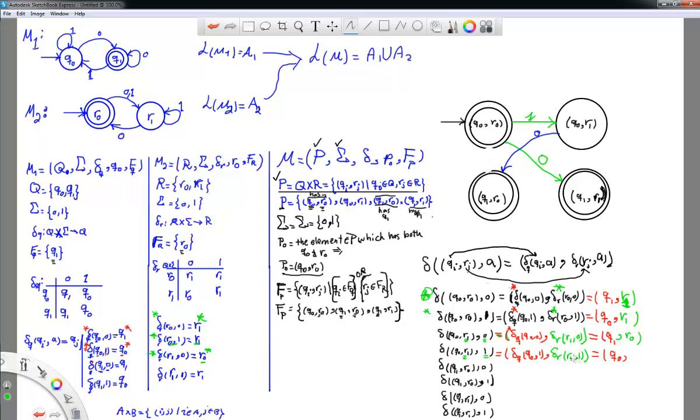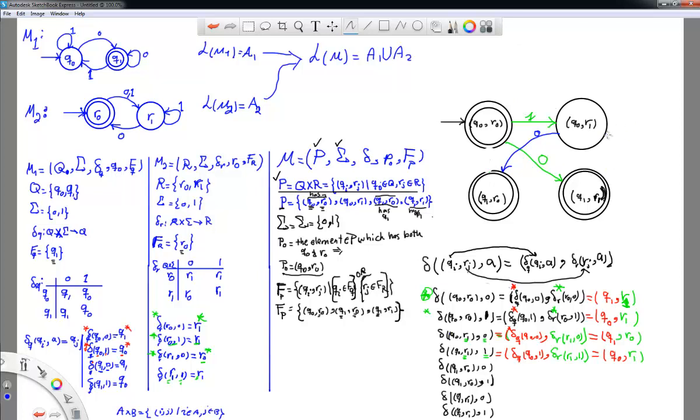So let's see what that is. Delta of r sub 1, comma 1 is r sub 1. So this element is going to be r sub 1. So we start from q sub 0, r sub 1, which is the upper right corner up here. So our start state is here, our current state is here, the next state is q sub 0, r sub 1, which is the same state.